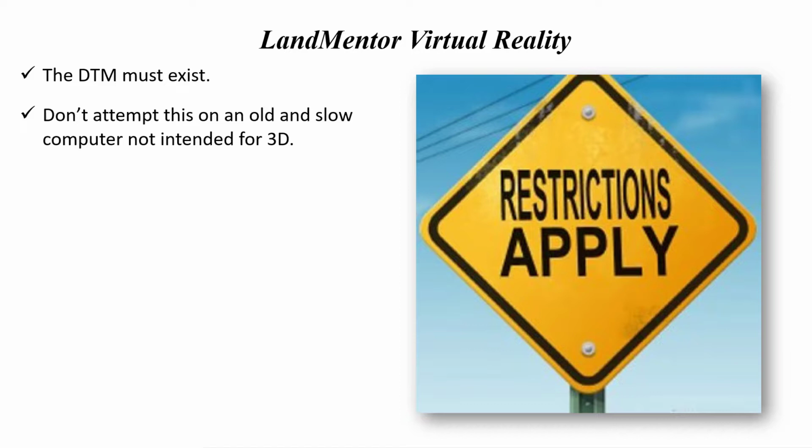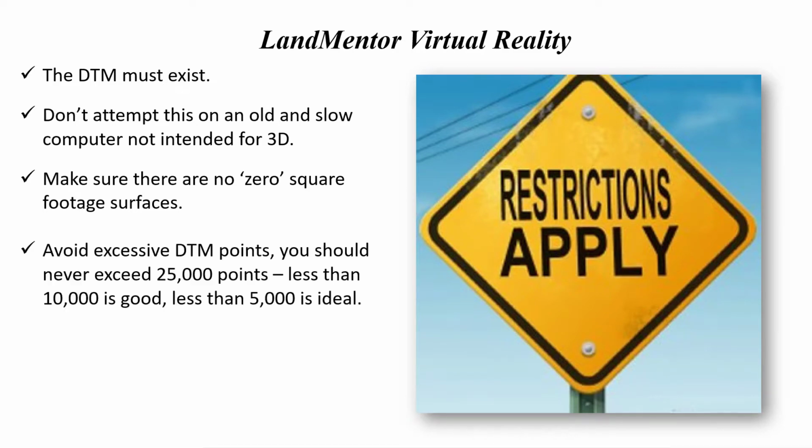It is usable. If you use SketchUp and you're in 3D and it performs pretty decent, then this 3D is going to perform pretty decent on the screen also. Make sure there's no zero square footages as far as the surfaces go. Now, I would avoid excessive DTM points. DTMs, the digital terrain model, is a lot of data, and it tends to put the brakes on the 3D.